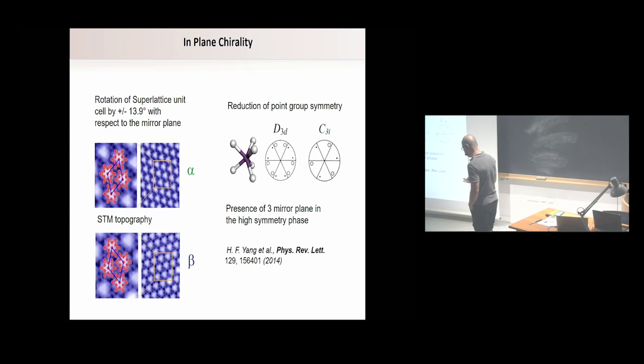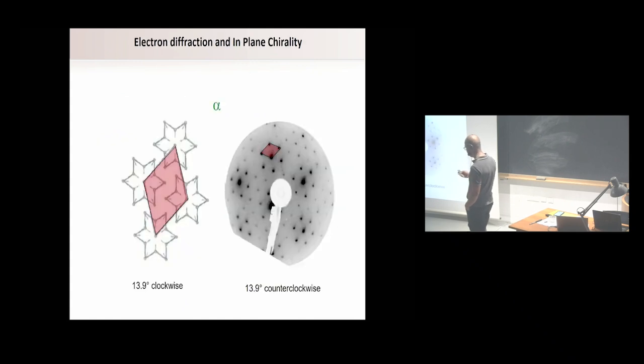Clearly the best way, or most direct way, let's say, to see it is just by doing STM. This is, for example, the case here. You have two STM images showing you the two configurations. Of course, if you can see it in real space, you can see it also in reciprocal space very easily.